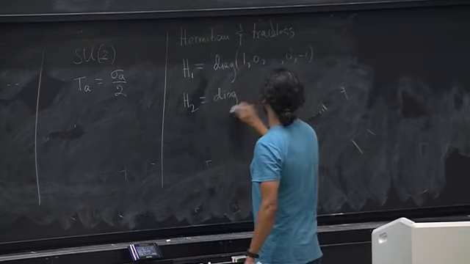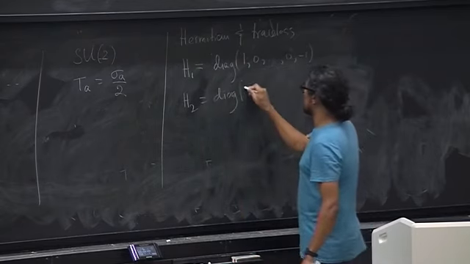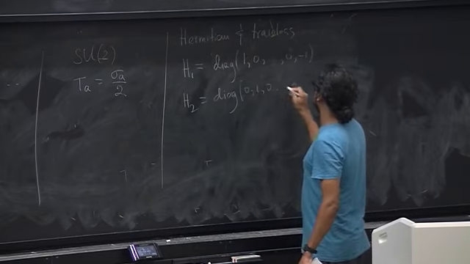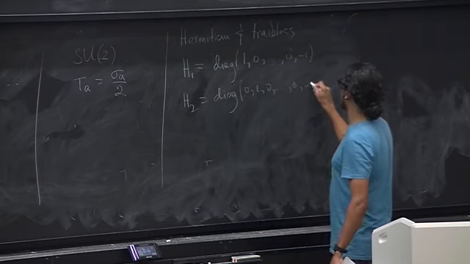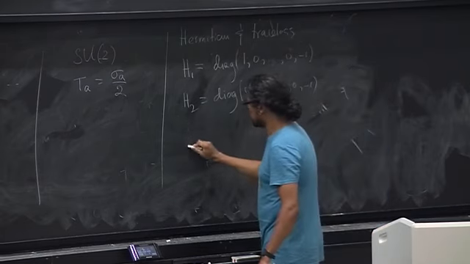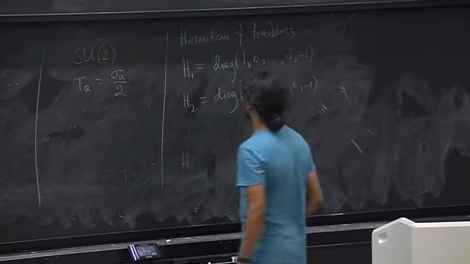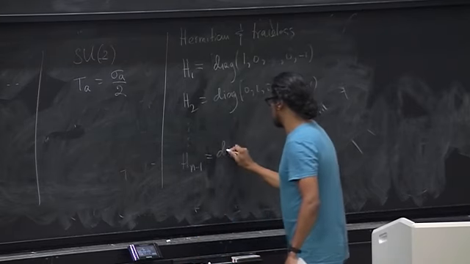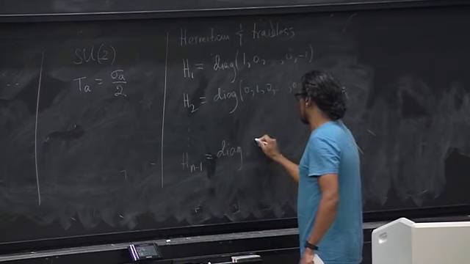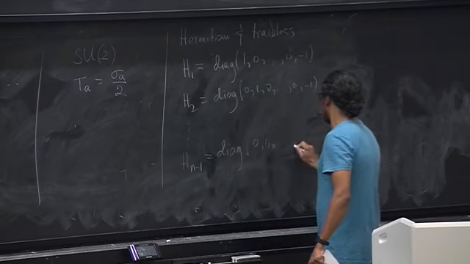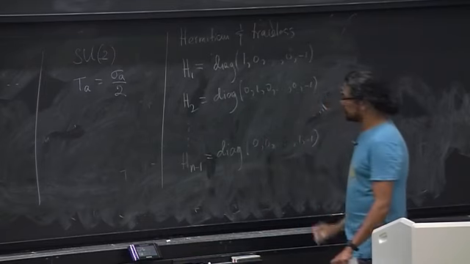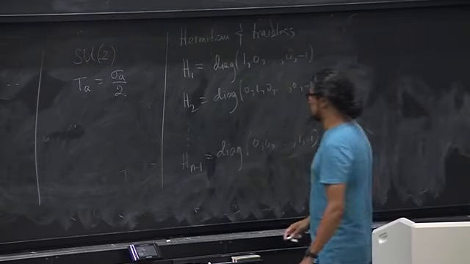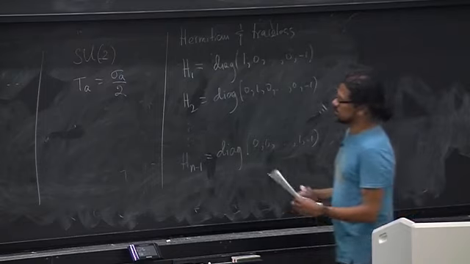I'm just keeping the last one minus 1 and changing the other diagonal entries. So these are n minus 1 matrices.